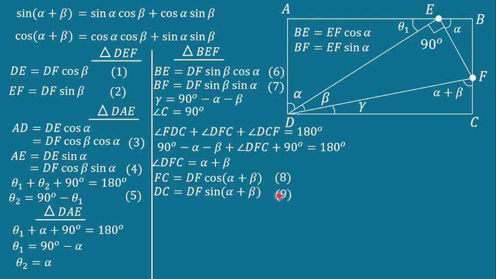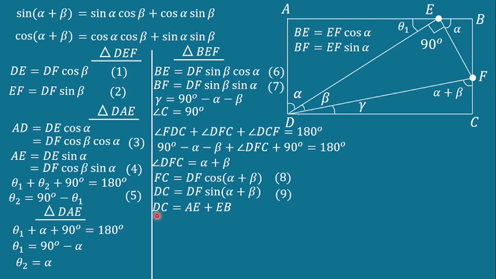Now we have developed all the needed equations and we can put them together to prove these two relations. And that we can do, since DC is exactly equal to AB, and I can write AB equals AE plus EB. That is, DC equals AE plus EB.